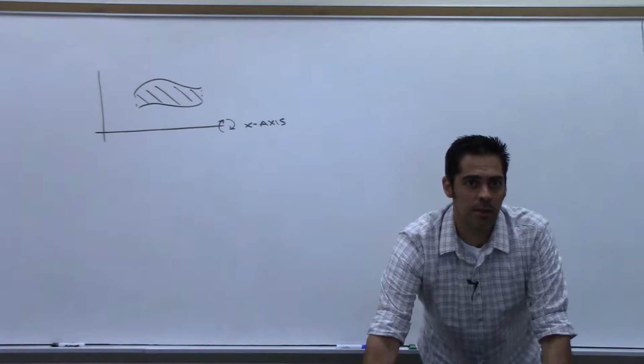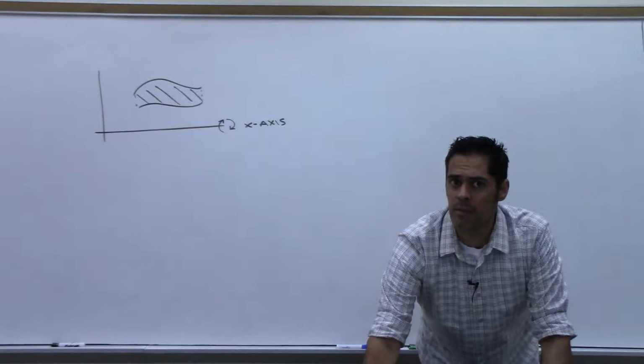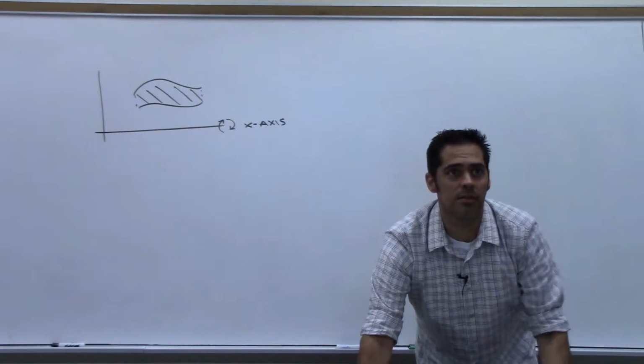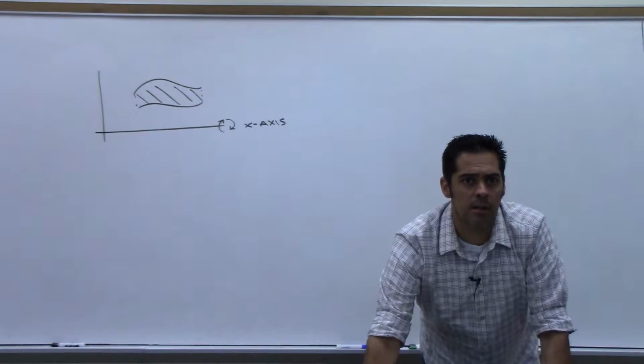All right, so what we're going to do is we're going to take it and imagine rotating it around through three-dimensional space like that, right? And as I do that, I want to leave behind a copy of it. So it's going to look like this, right?